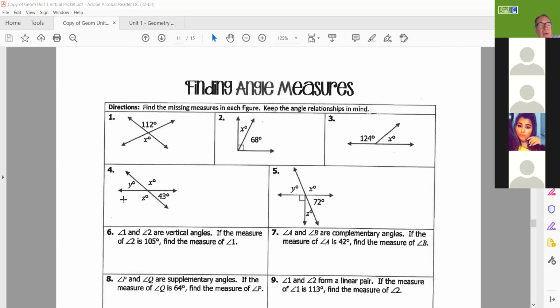Z and 43 together make up a linear pair. So 180 minus 43 is 137, I think. So Z and X are both going to be 137. All these problems where you're finding angle measurements are going to be like that.